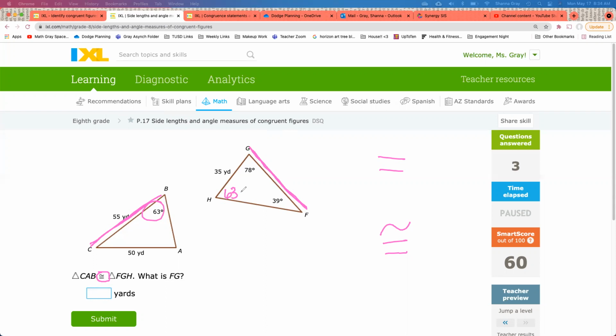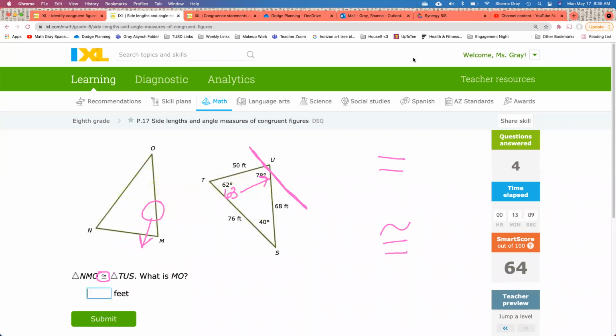And so FG is across from the 63, which means I'm trying to find the side that's across from the 63. It's a good reminder that you can't just make an assumption by the way it looks, because a lot of times with geometric shapes, they look similar enough that you have a hard time making those assumptions. It's a big part of what you have to go over a lot in geometry, I would say. So this should be 50.